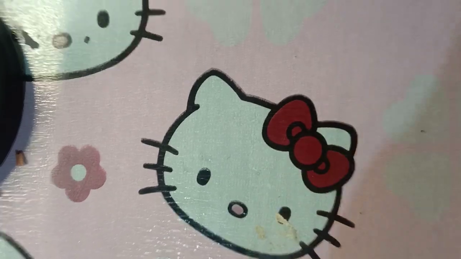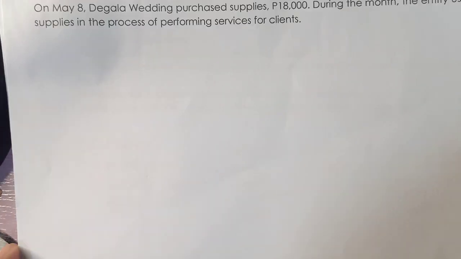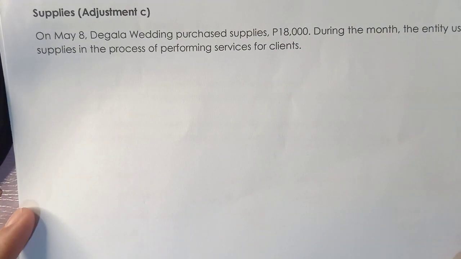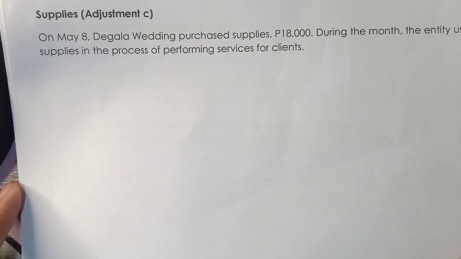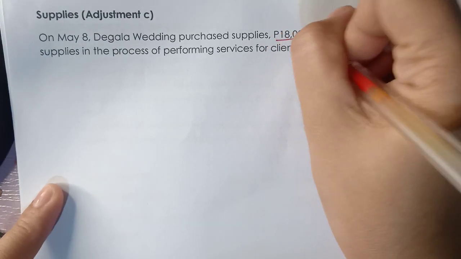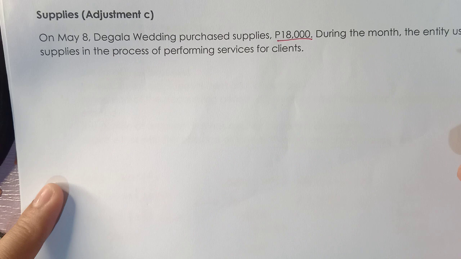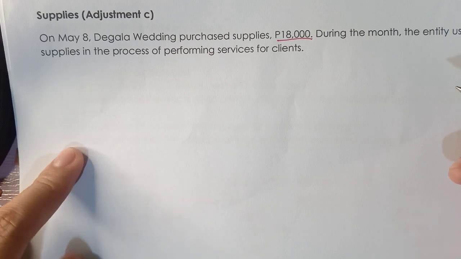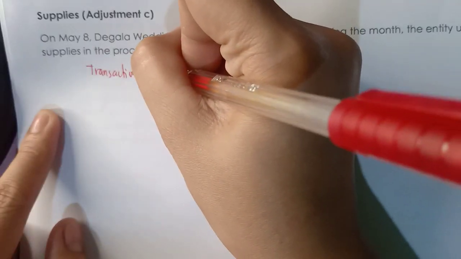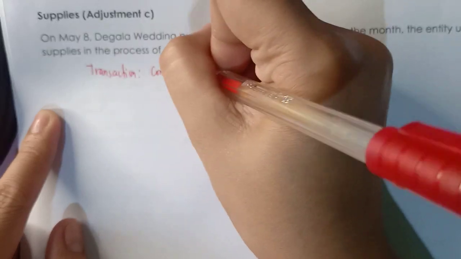We have another adjustment, letter C, the supplies. On May 8, the Gala Wedding purchased supplies worth 18,000. During the month, the entity used supplies in the process of performing services. So the transaction here is the consumption of supplies.